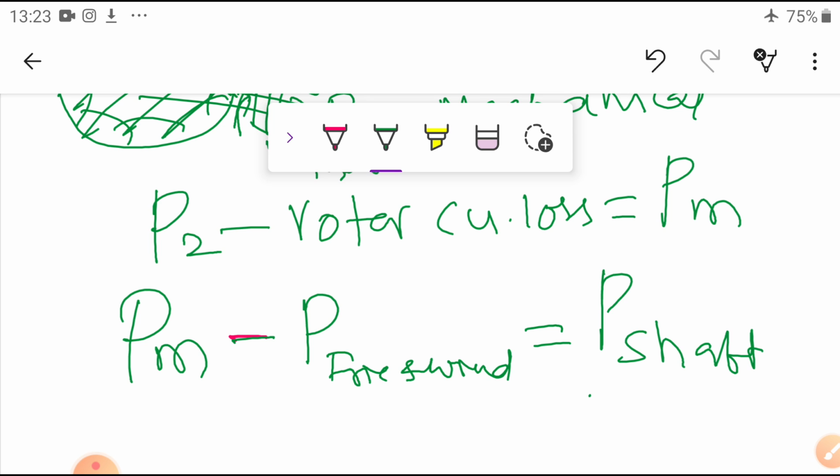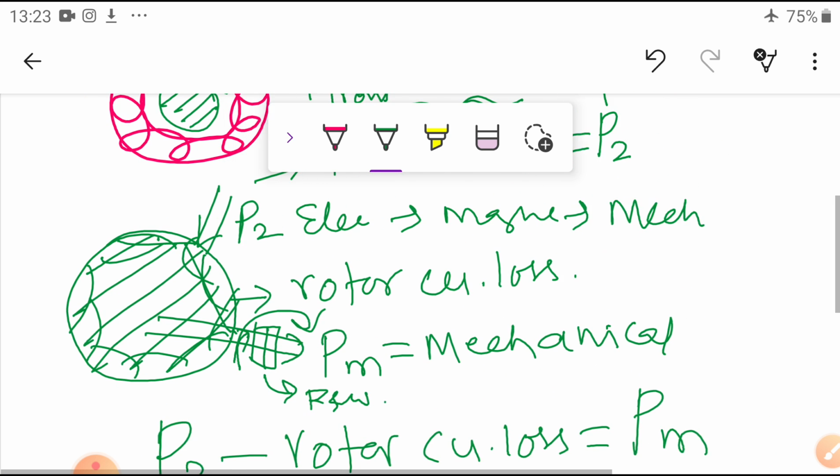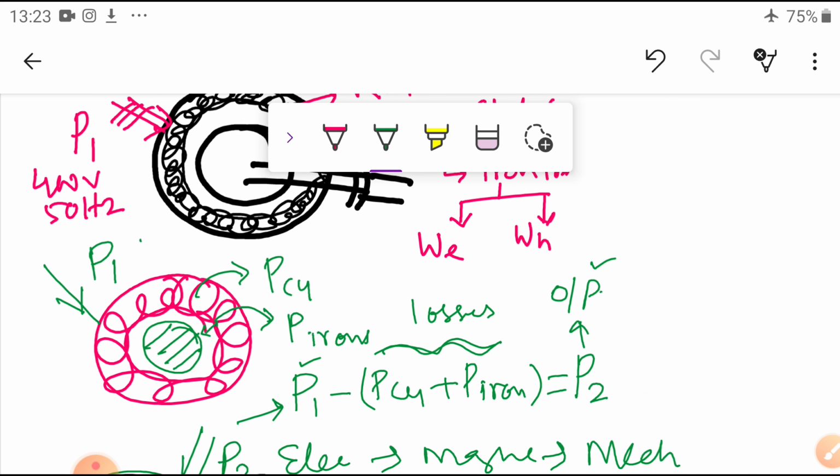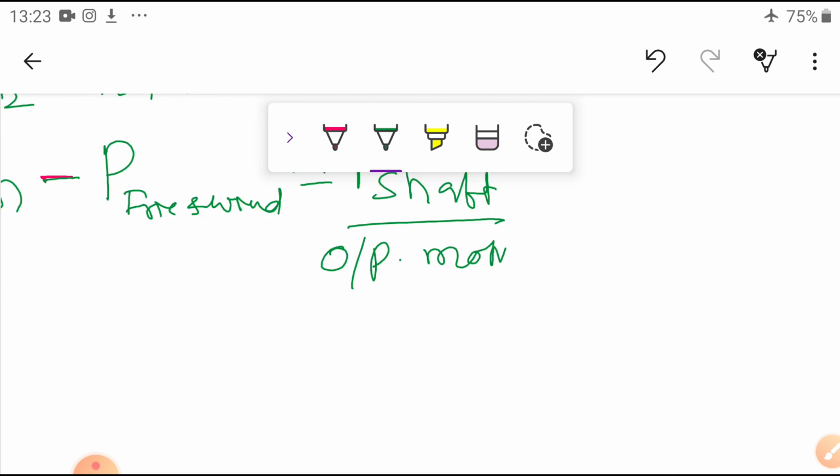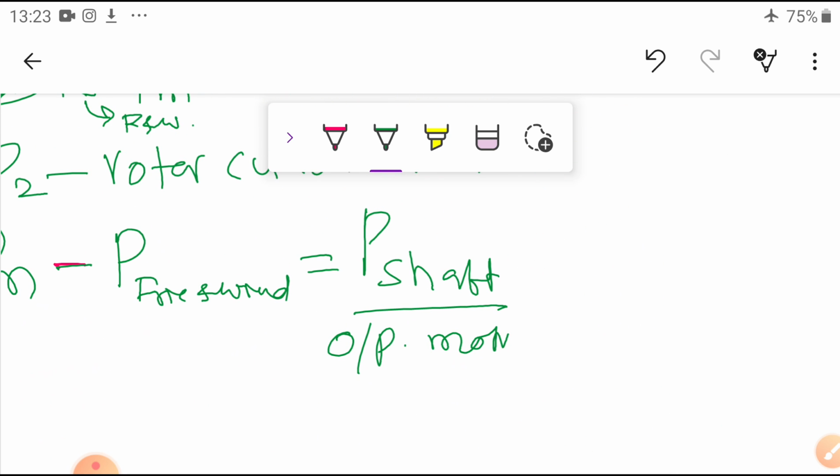This is the overall output of the motor, whereas P1 is the overall input to the motor, and the shaft power is the overall power output.